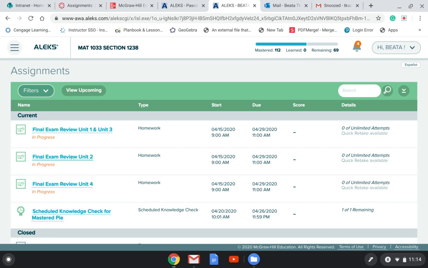Let's say I just complete final exam review unit 2 and I got 100%. Can you please replace this homework which I got 6% with my final exam review unit 2 grade? Yes, I will be more than happy to do it.